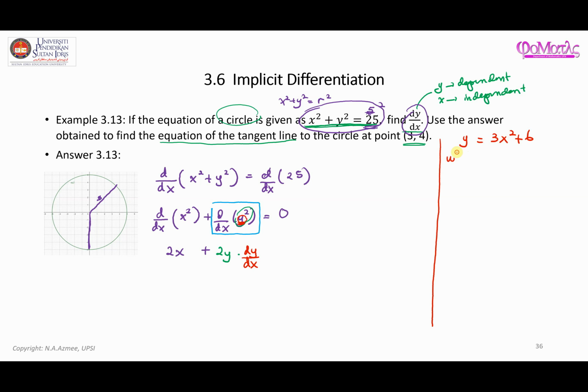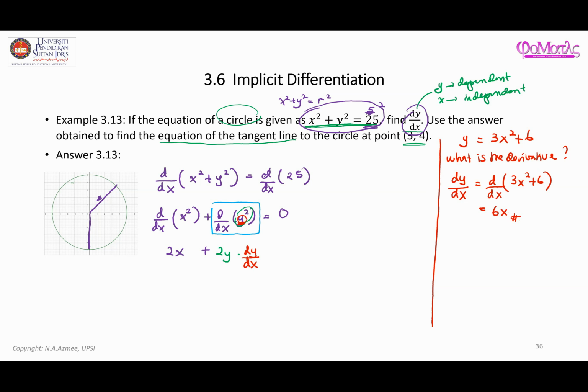If I ask you what is the derivative of this function, you can say that the derivative is dy dx, and since y is explicitly written in this manner, you can substitute it with 3x squared plus 6, differentiate, and the result that you will get is equal to 6x, right? So that is a very simple example.